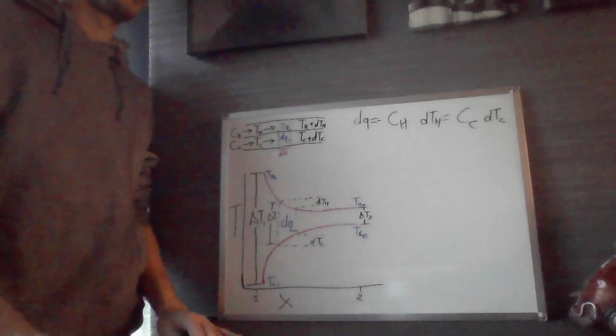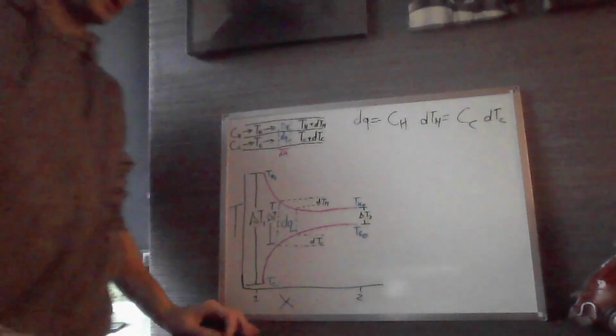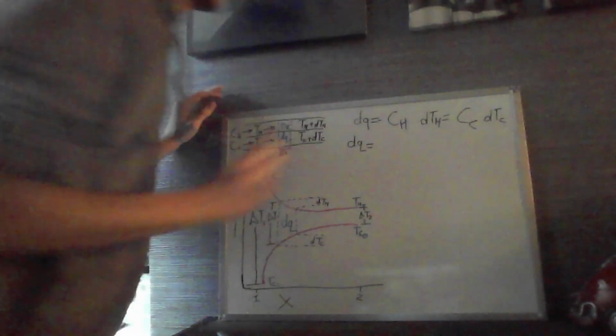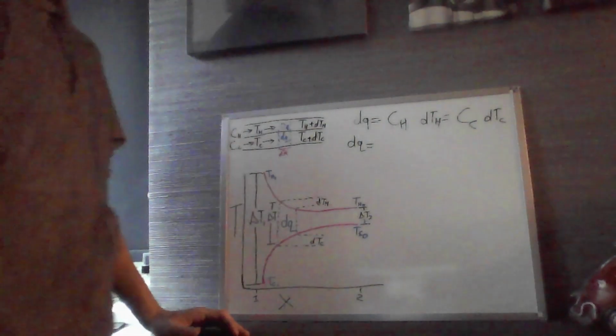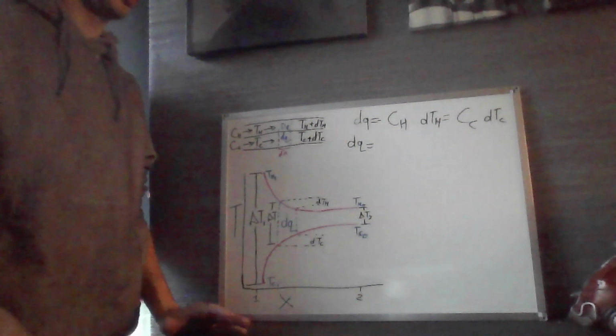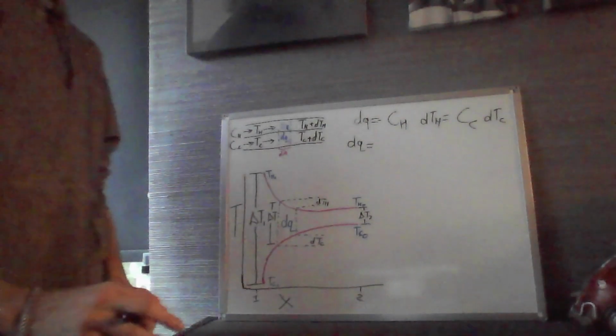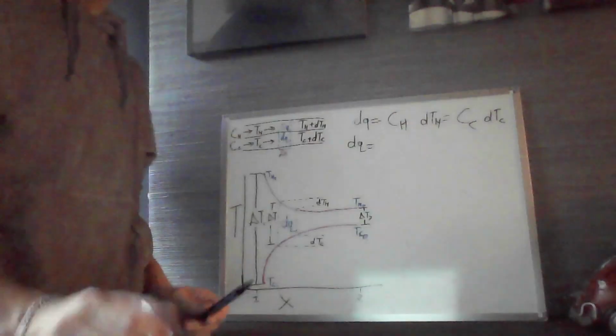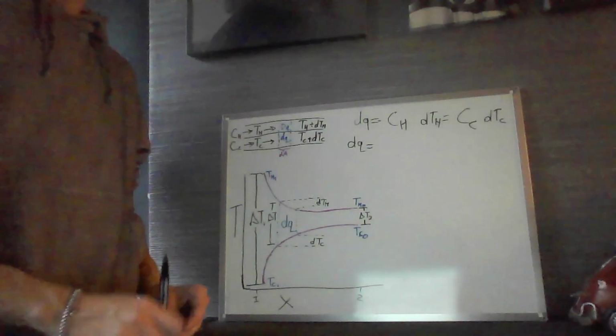Then we also have another expression for dq that we will use to get our final solution, and this is in terms of U. Sorry, I always forget: U is the overall heat transfer coefficient.